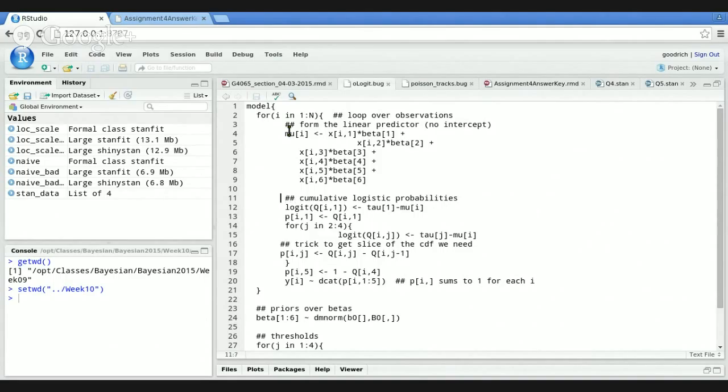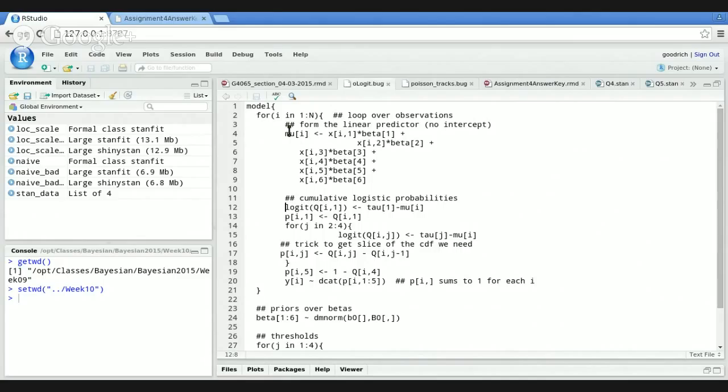Here, we're going to use the logistic distribution. So saying that the logit transformation of Q is equal to the difference of the cut point minus the linear predictor thing.